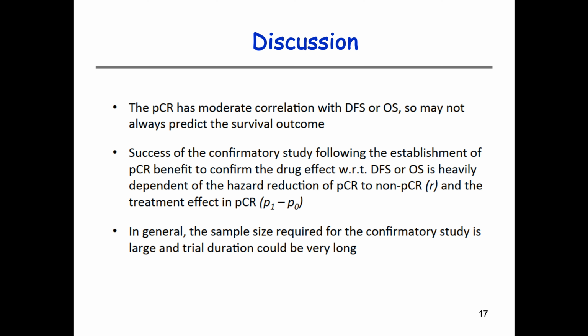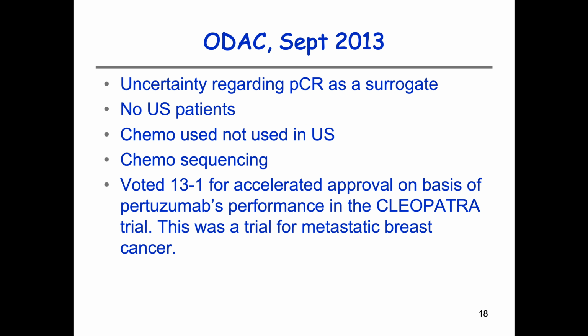The success of a confirmatory study following the establishment of a PCR benefit to confirm the drug effect is heavily dependent on the hazard reduction of PCR to non-PCR and the treatment effect in PCR, that is, treatment versus control. And in general, the sample size required for the confirmatory trial is large, and the trial duration could be very long.